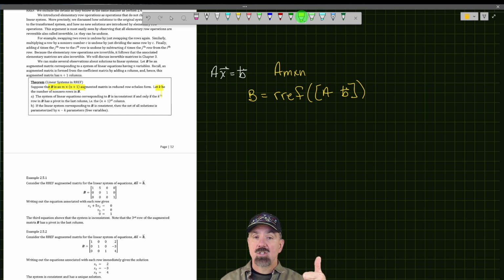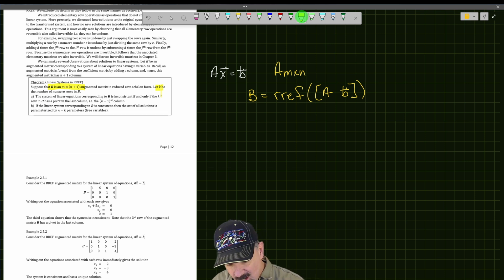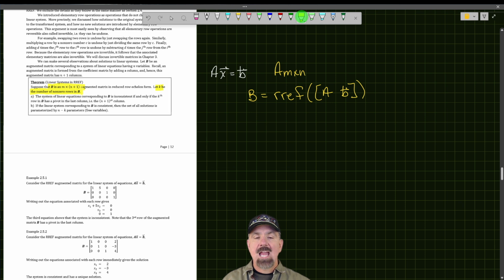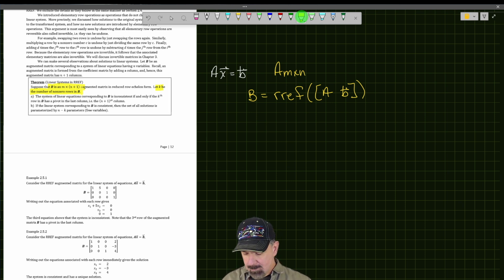From the original set of constraints, it gives us an equivalent set of constraints where all the redundancy has been removed. That's an important aspect of what the RREF provides for us. That's why we have this conversation about K being the number of non-zero rows. K is the number of actual constraints on our system.